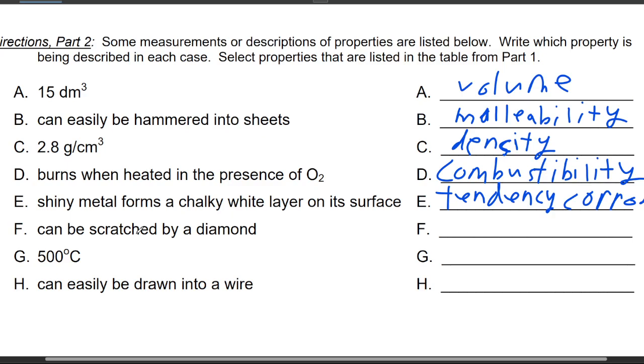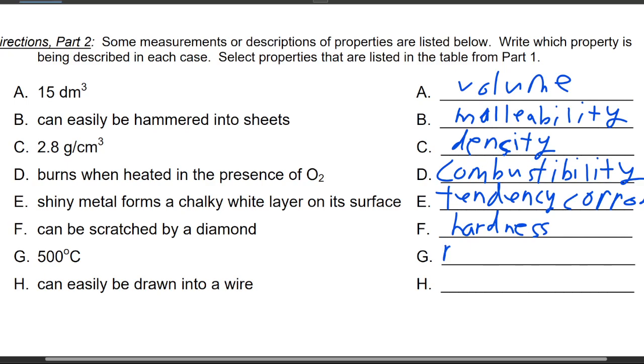So letter F, can be scratched by diamond. That is hardness. You likely explored that maybe even in middle school. Probably explored hardness, luster maybe. So G, 500 degrees Celsius. If we think about it, that's a high temperature, so something's probably melting.